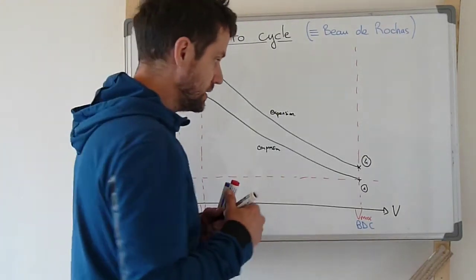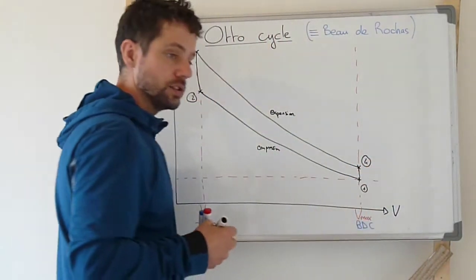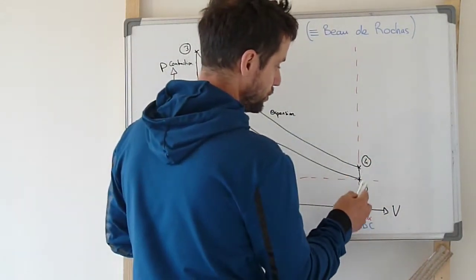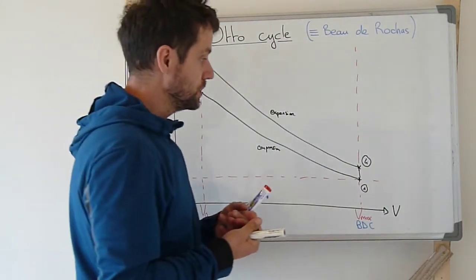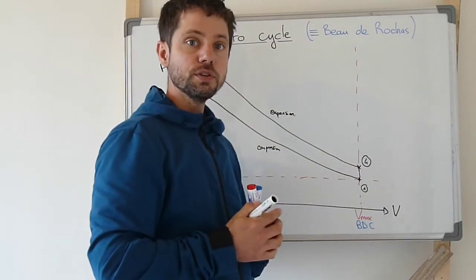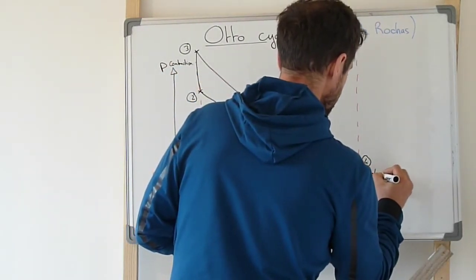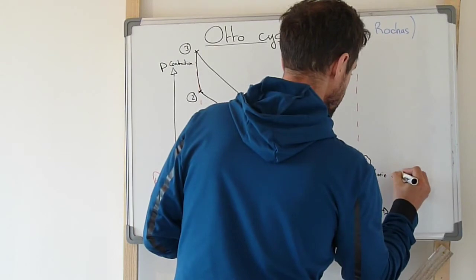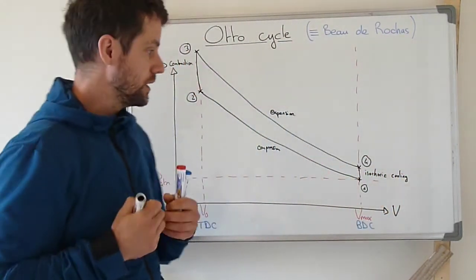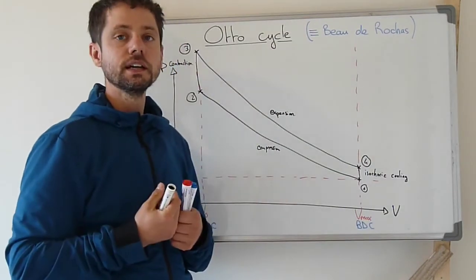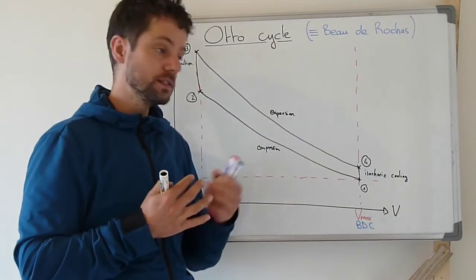And if we do that, we have an isochoric transformation because the volume remains constant, and we need to do a cooling in order to decrease the temperature and the pressure. So that's an isochoric cooling that is representing the exhaust and the admission, and also the fact that the exhaust temperature is much higher than the inlet temperature.